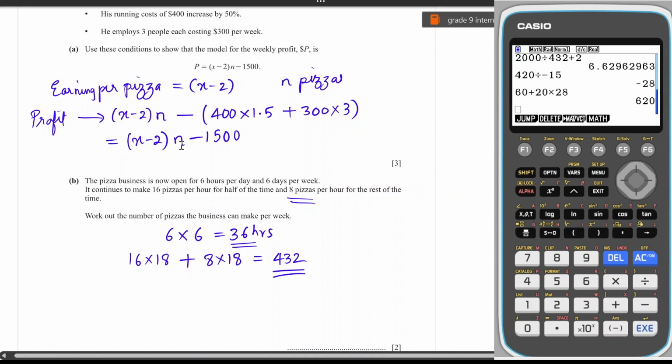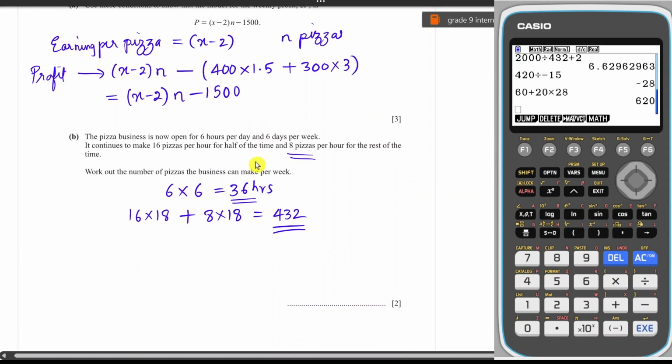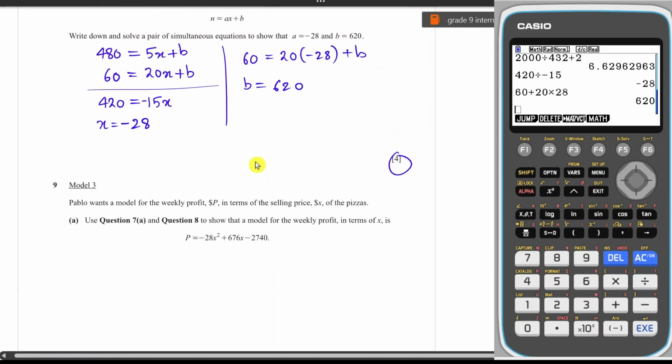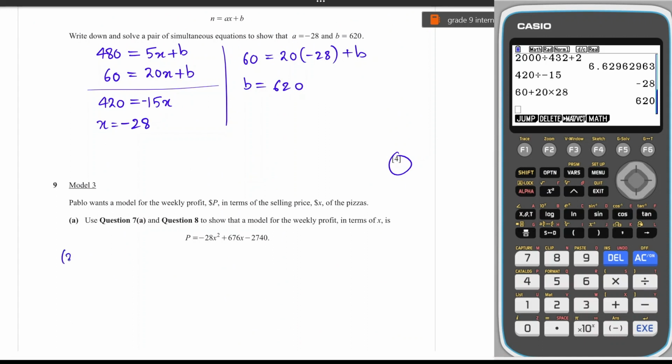So that equation which I got, I'll just replace a and b in that equation, and so that becomes my cost of selling the pizzas minus this 1500, okay, so x minus 2 into n minus 1500, so n will be obtained from the previous equation minus 1500, that was my profit.